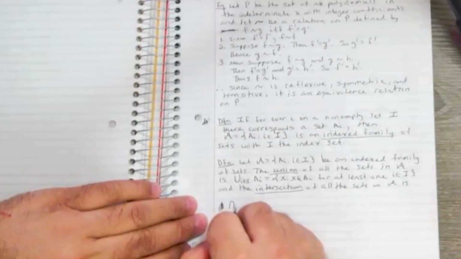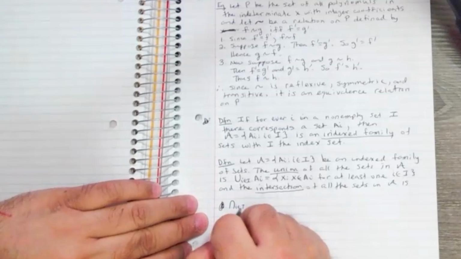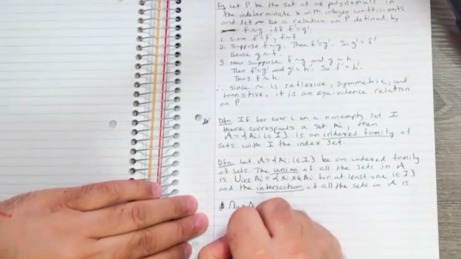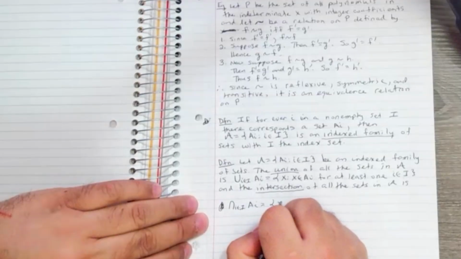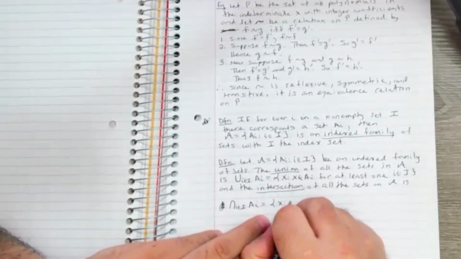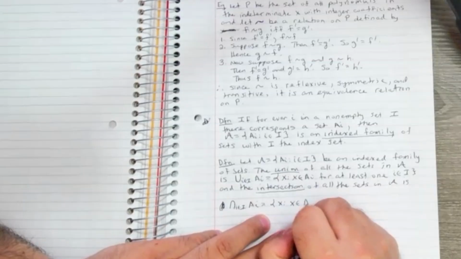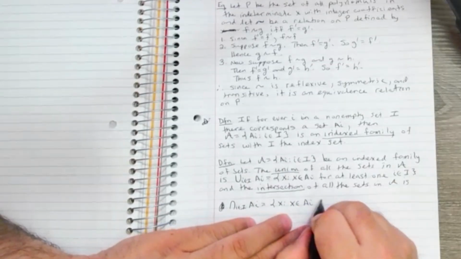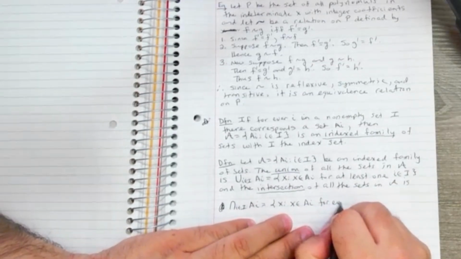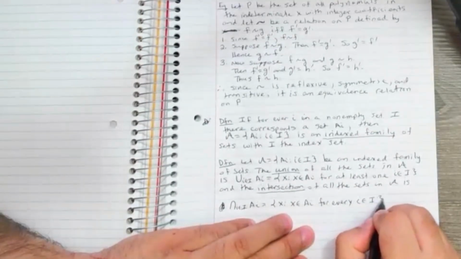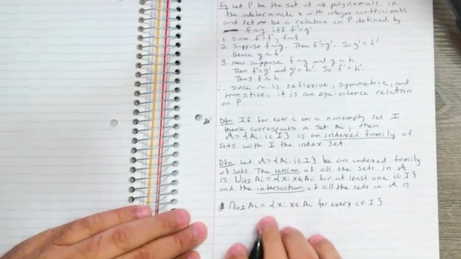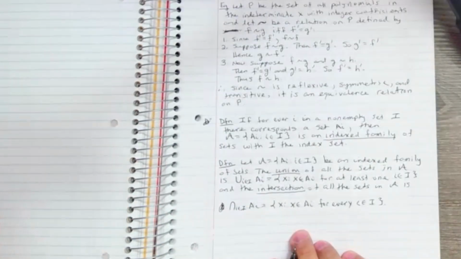The intersection for I in the indexing set I of the sets A sub I is the set of all the elements X such that X is in the set A sub I for every index I. And we sometimes call this an arbitrary intersection.